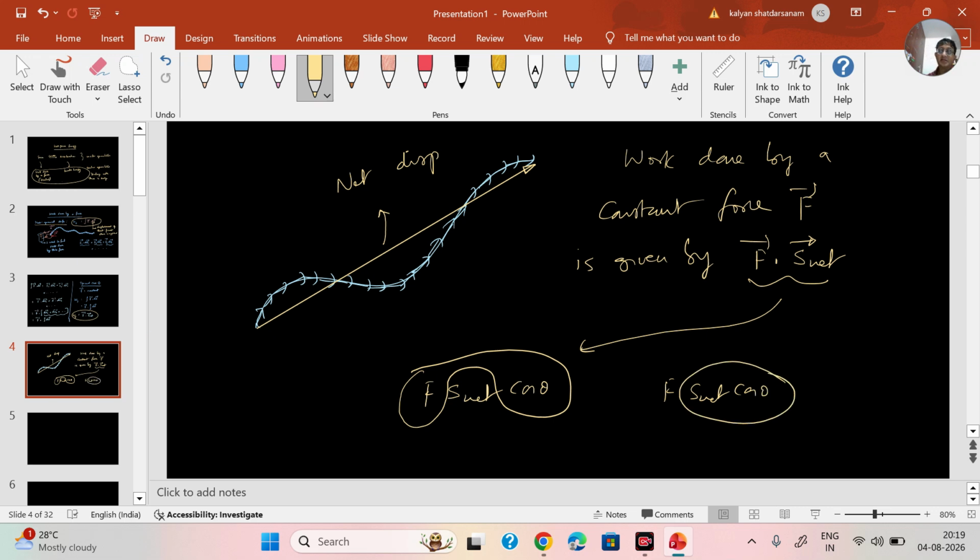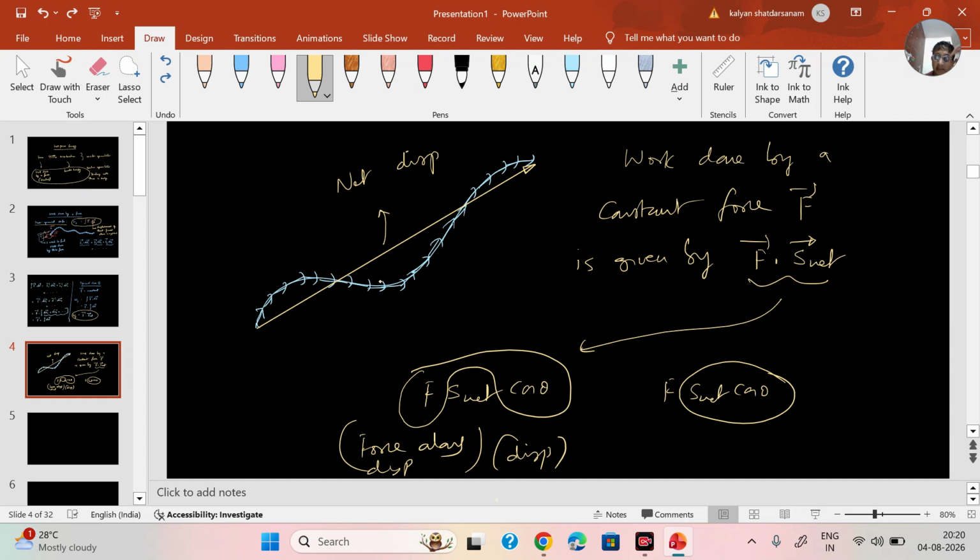For example, F cos theta into S net actually means the component of force along displacement multiplied by displacement. That is the meaning of this. Or you can do it like this: force into displacement along force. S net cos theta is displacement along force.